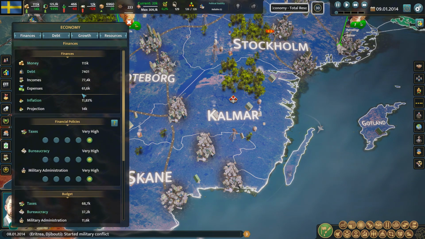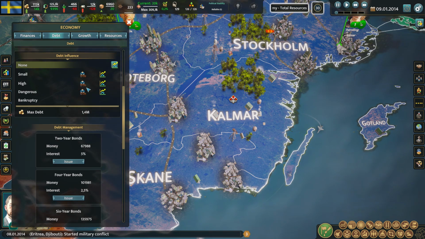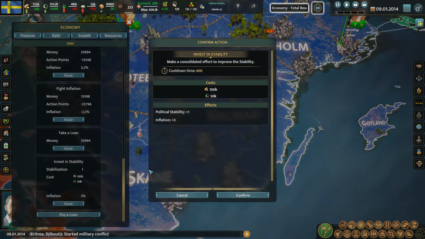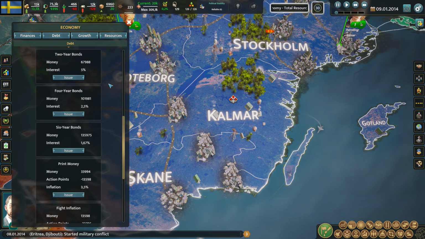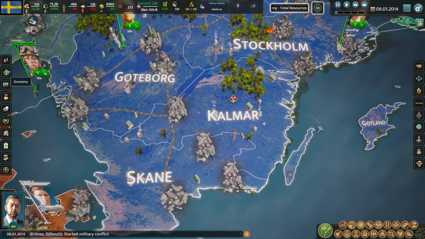So the more stable the country is, the more likely you are going to be to stabilize it. The less stable, the less you'll be earning, and we have a fairly high inflation. But let's get back to the main window.